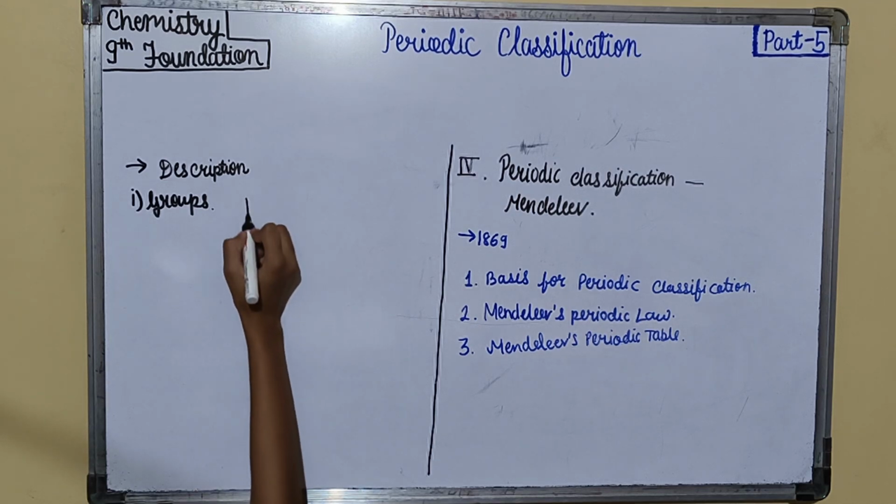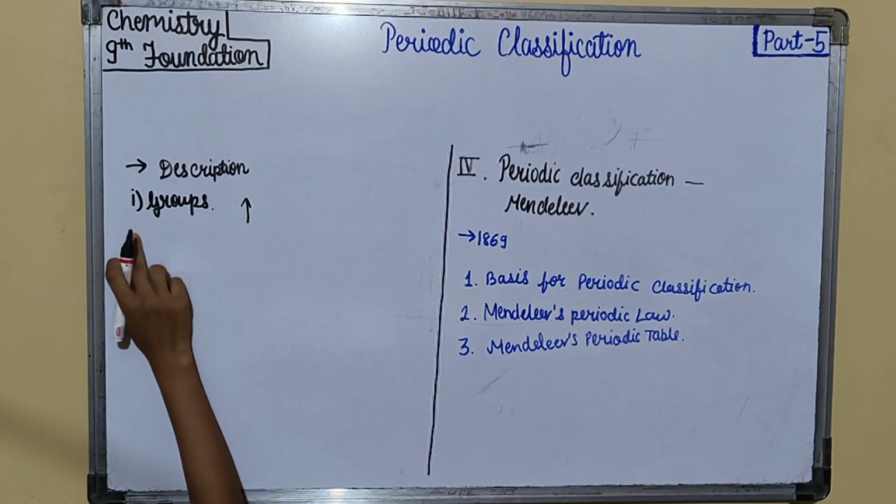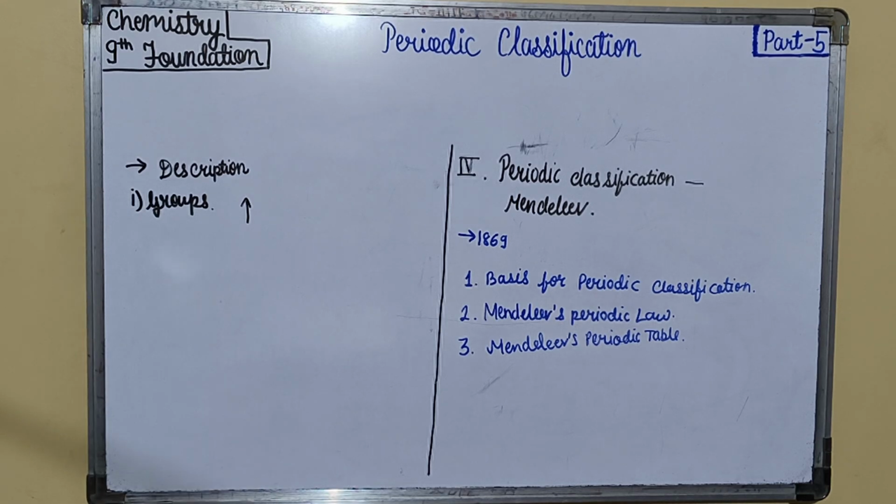The second point is there are a total of 9 vertical columns. These groups are designated as first group, second group, third group, fourth group, fifth group, sixth group, seventh group, eighth group, and group number 0.